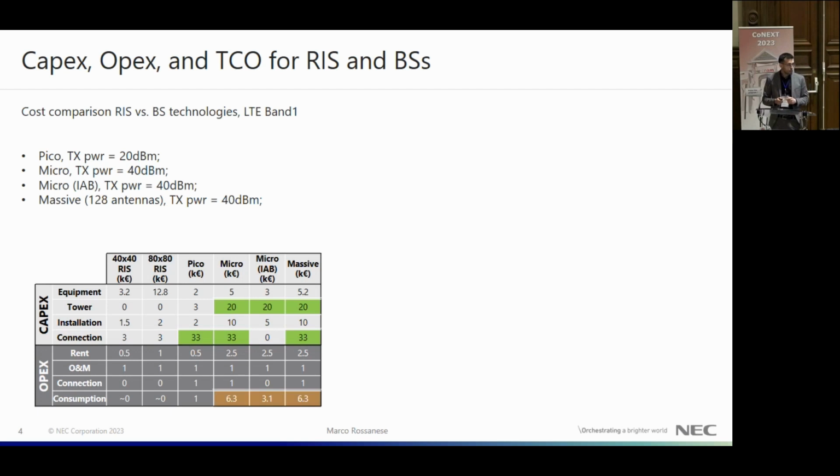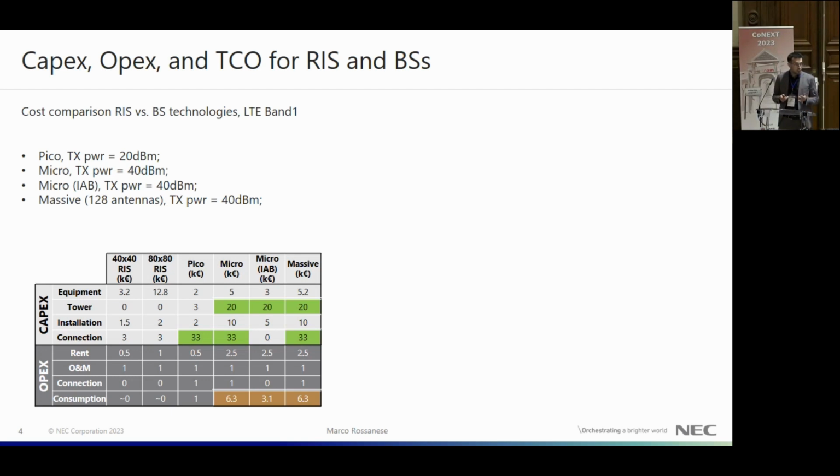Instead, for the OPEX, so the cost that the operator has to sustain throughout the time to keep the system running, the most expensive entry is the consumption with 6.3K. These numbers are calculated with current prices before the Corona crisis, so we expect this number to be even higher nowadays.